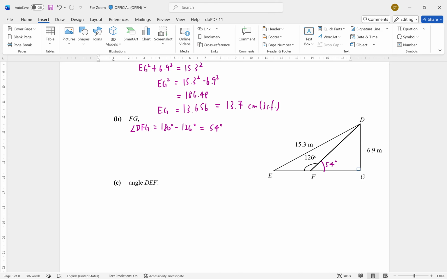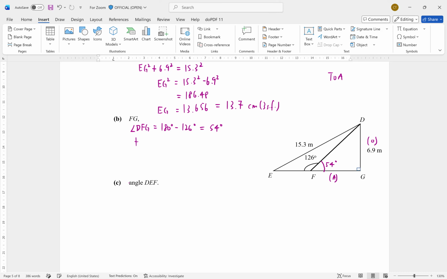Now we have an angle, we have a side, and we know it's a right angle triangle, so we can use trigo ratio. The triangle we are interested in is DFG. The angle we have is 54. FG, the side that we want to find, is the adjacent side, and the 6.9 that we have is the opposite side. Which trigo ratio involves opposite and adjacent? It's tangent.